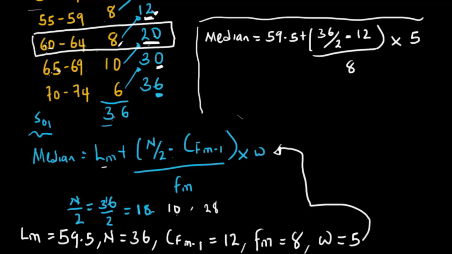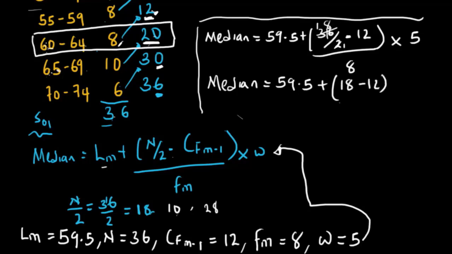Can we try to solve this? So we should be having median equals 59.5 plus 36 divided by 2, which is 18, minus 12, all over 8 times 5.